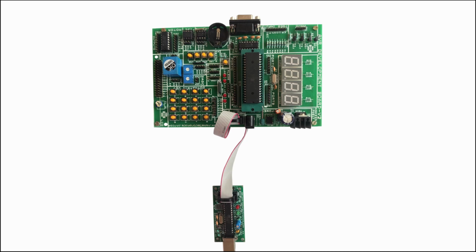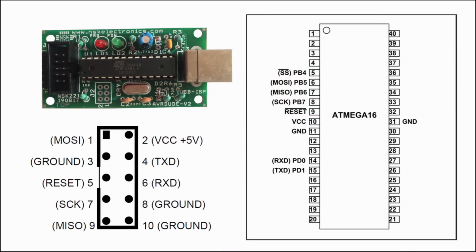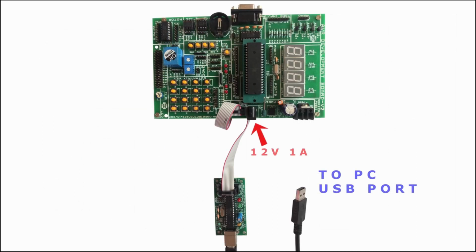If you are not having a development board, or if your development board is not showing this JTAG terminal, you can directly connect the terminals of USB ASP programmer to your microcontroller pin nodes as per this circuit diagram. And you can build this circuit in a breadboard for programming your Atmega 16 microcontroller. After that, power up your development board using external 12V 1A adapter.